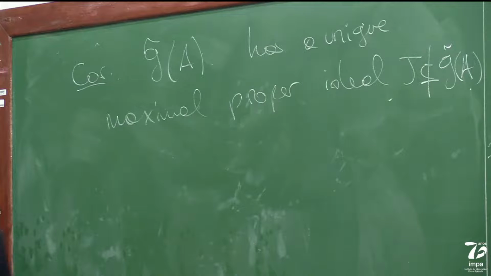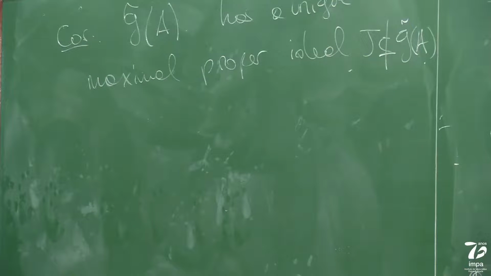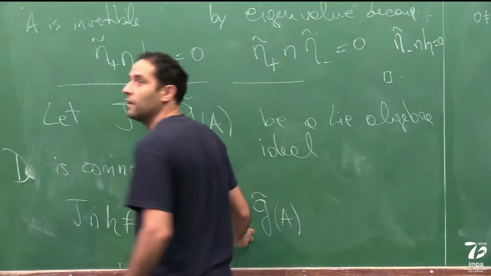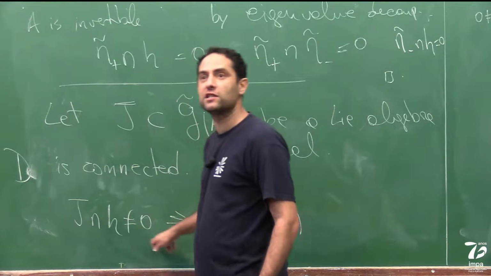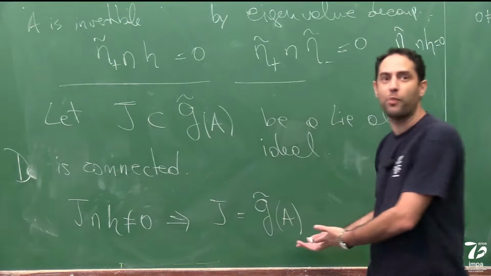And now it's trivial, because you look at the set of all ideals which are proper in G tilde of A, and you know that none of them can intersect H, because if they intersected H, then they would not be proper.